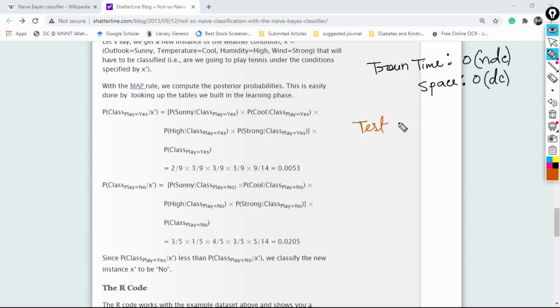In test time complexity, what will it be? Actually we have to calculate this one, 2, 3, 4. We calculated for 4 features. We have 4 features, and we calculate this for each class label. But actually we are interested in calculating the likelihood for features times total classes.